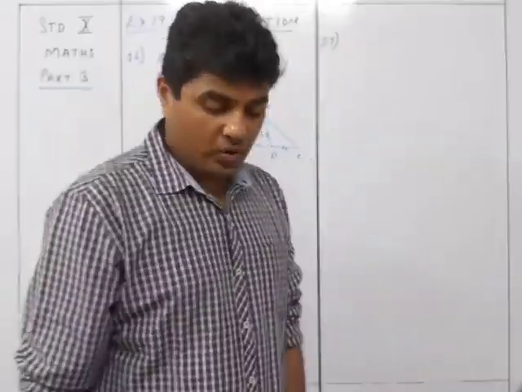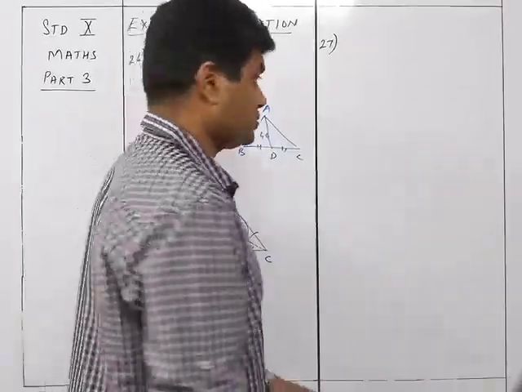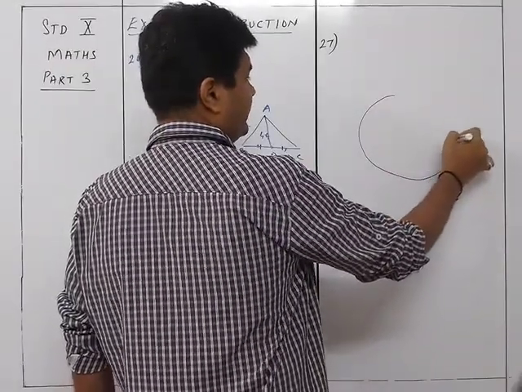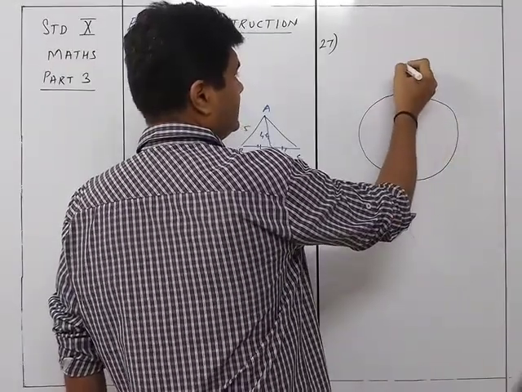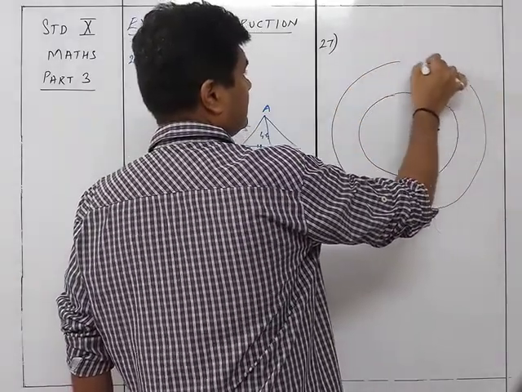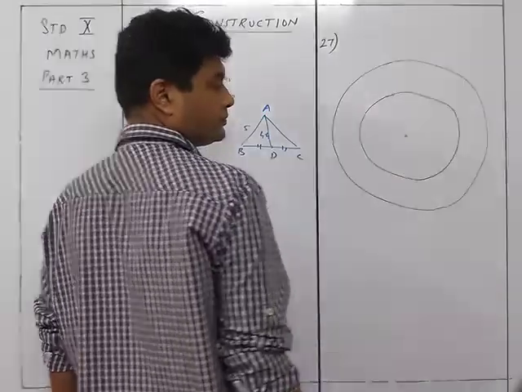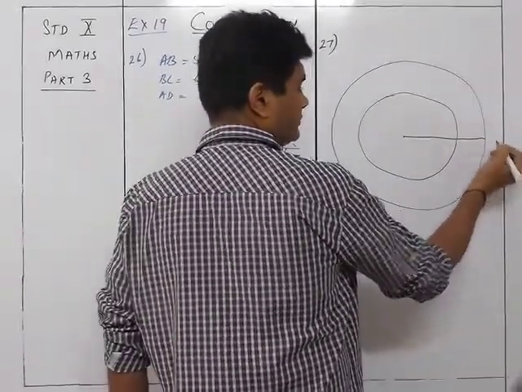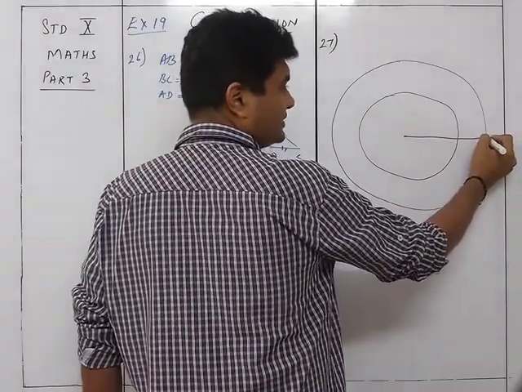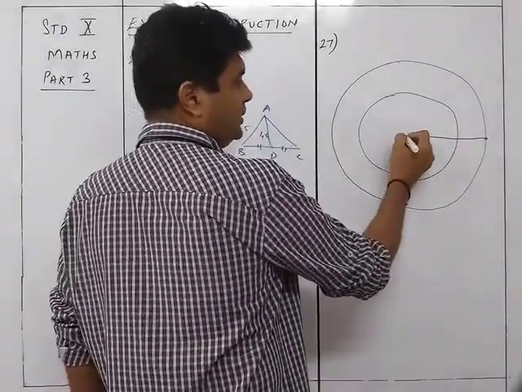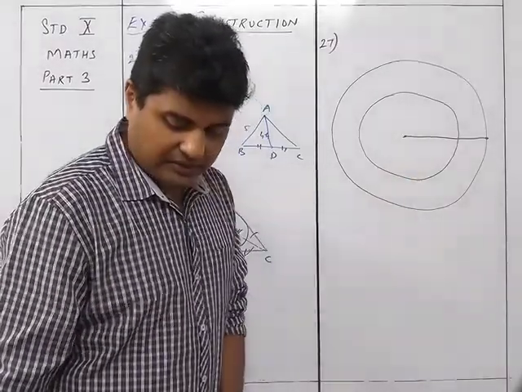So we are going to draw first the two circles. So we are going to have the first circle, and the radius equals to 4 centimeters. Second circle, and the radius equals to 6 centimeters. This is the center. So we are going to draw this line. So I am going to draw the tangent from this point to this circle. So as usual, we are going to take the construction.